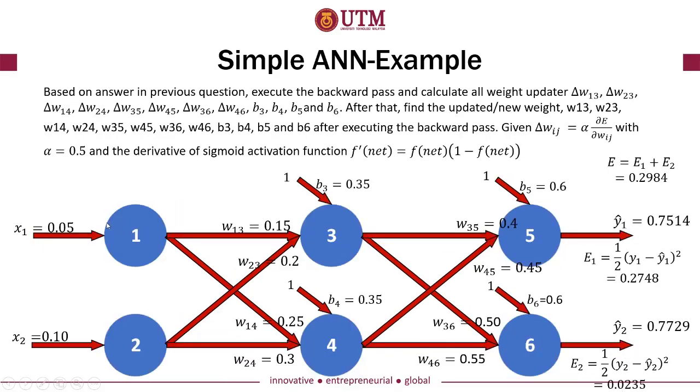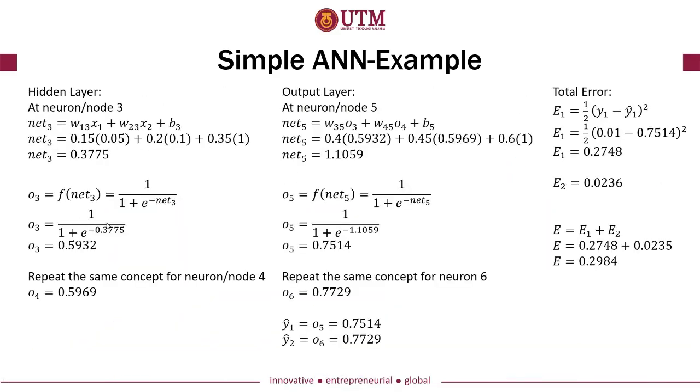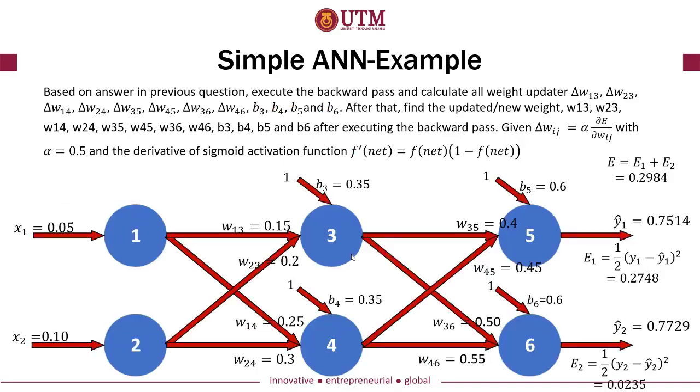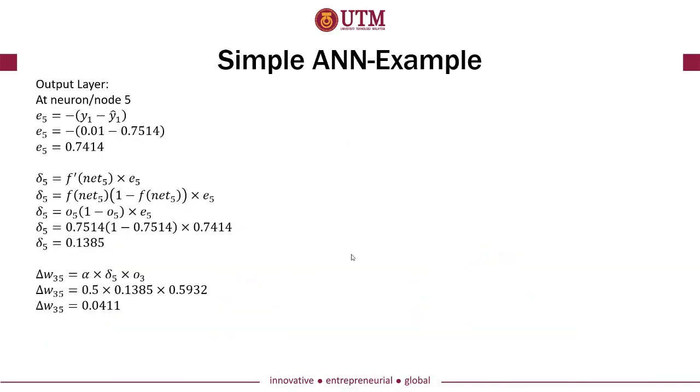If you remember, the O5 you got is 0.7514. That is why the backward pass depends on the forward pass, because many variables from the forward pass are brought to the backward pass to calculate the updaters. So O5 is equal to 0.7514, and that is where you obtain this. The error E5 comes from here.